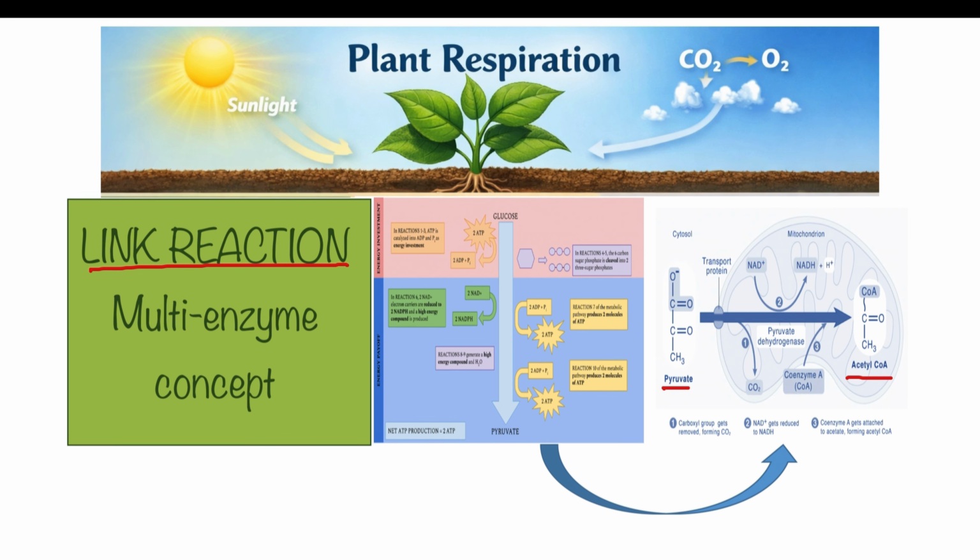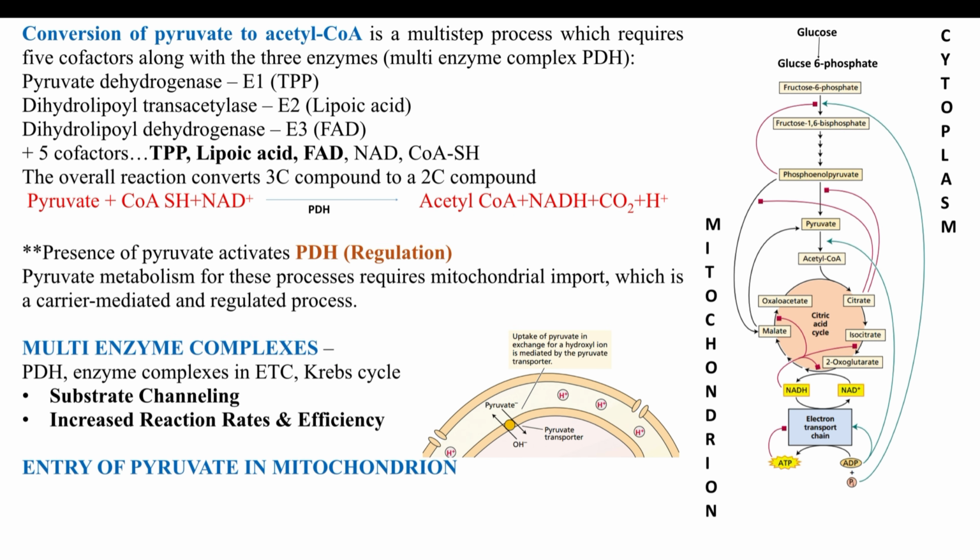It is a link reaction because through this reaction, the glycolytic processes get connected to the processes that occur in mitochondria during respiration. The conversion of pyruvate to acetyl coenzyme A happens in the matrix of mitochondria.